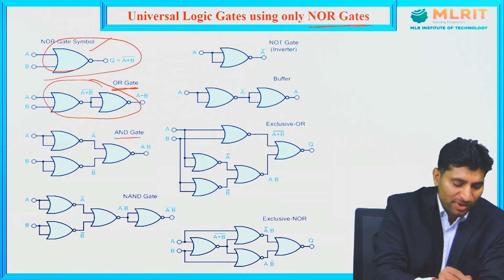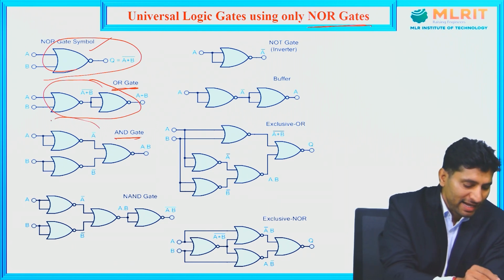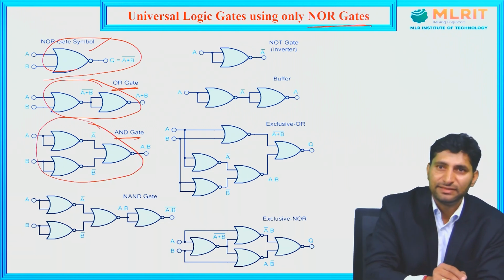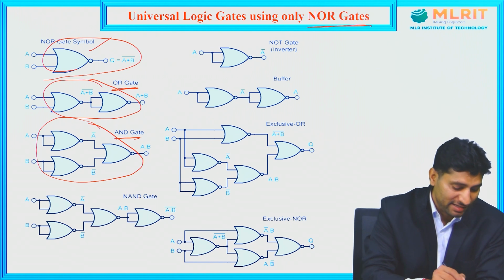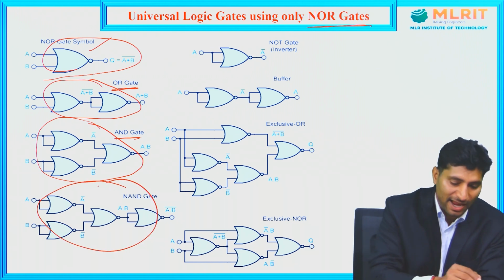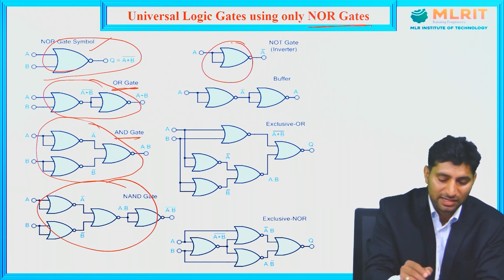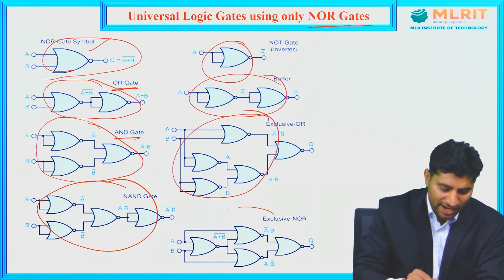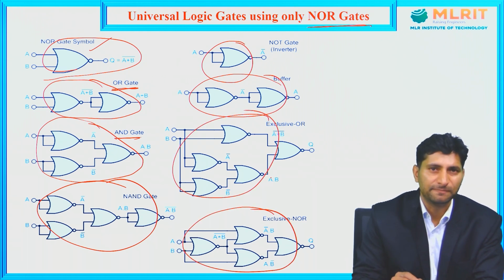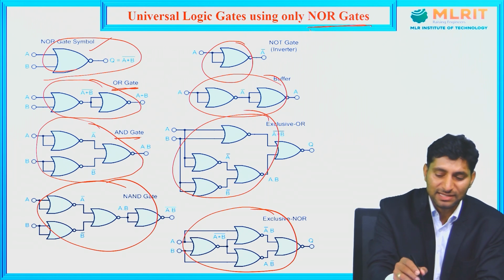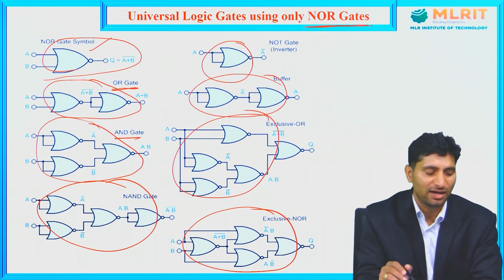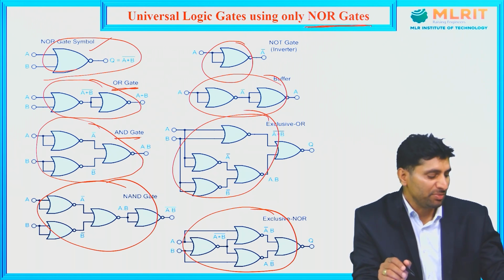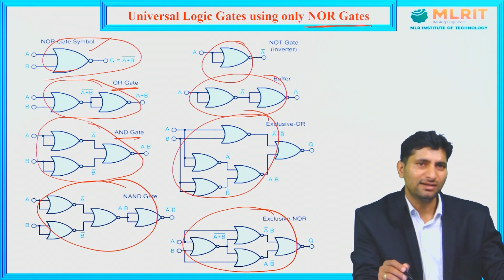If I want to implement the AND logic gate, I can connect like this. This is the AND logic gate. Like that I can implement the NAND logic gate, NOT logic gate and buffer, exclusive OR gate and exclusive NOR gate. So that is why these NAND and NOR logic gates are universal gates, which can be implemented to any other logic gates.